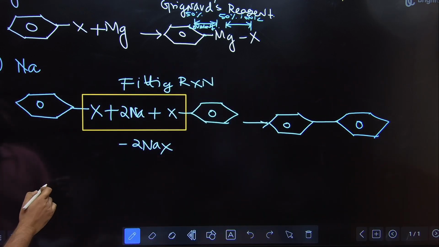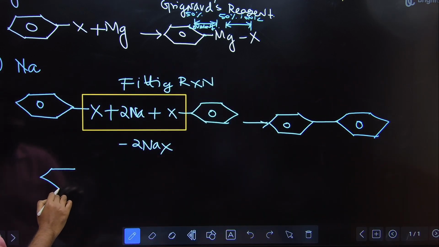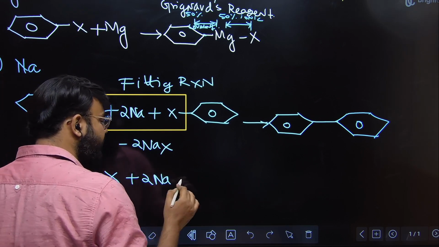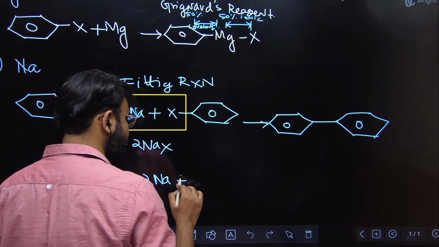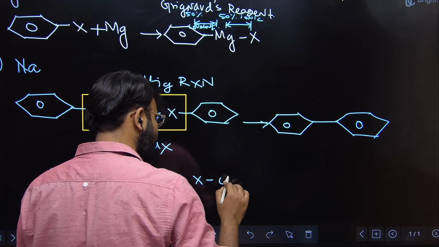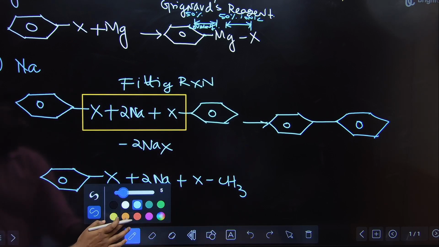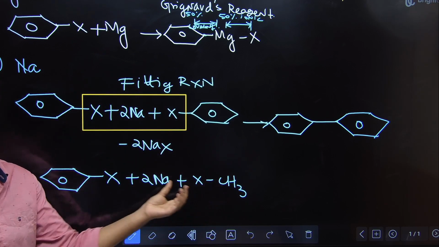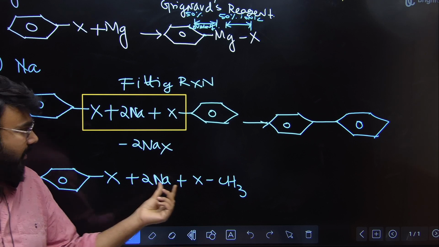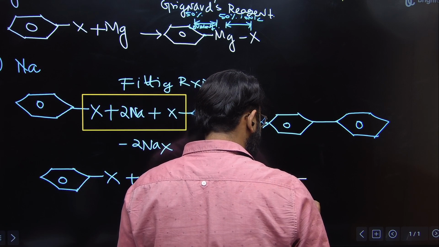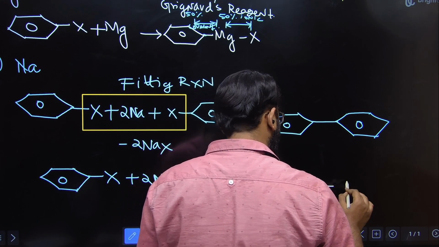And one more reaction is there. When you take one alkyl halide and one aryl halide, okay? Guys, see this? One alkyl halide, one aryl halide. In that case, what will happen? You will get toluene.